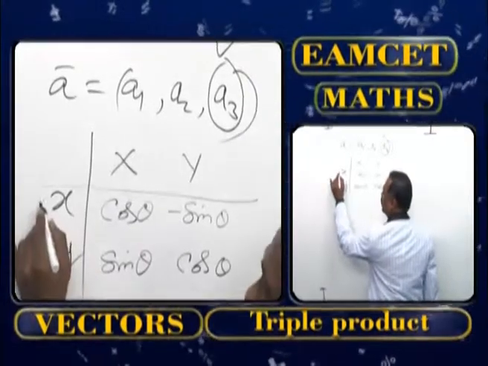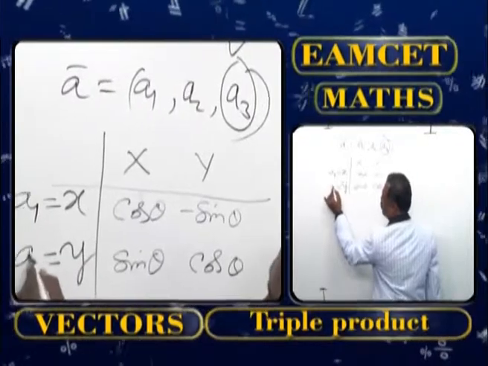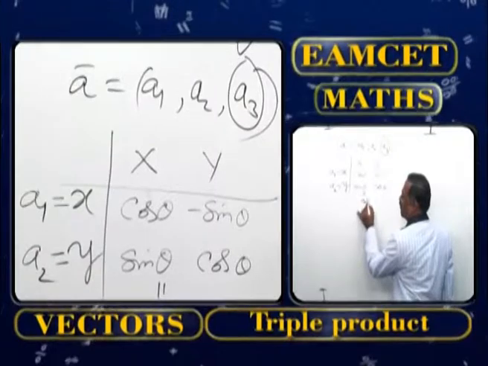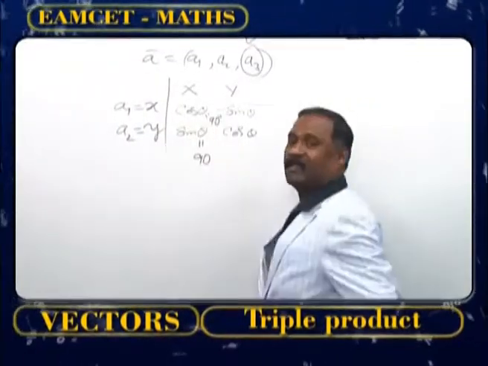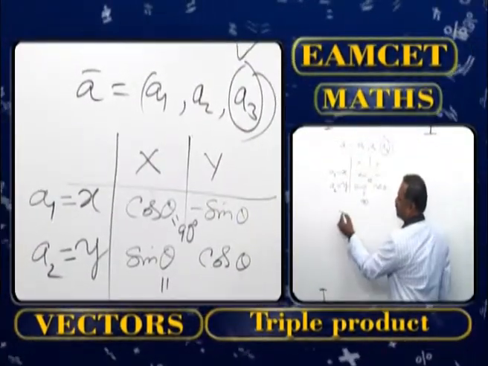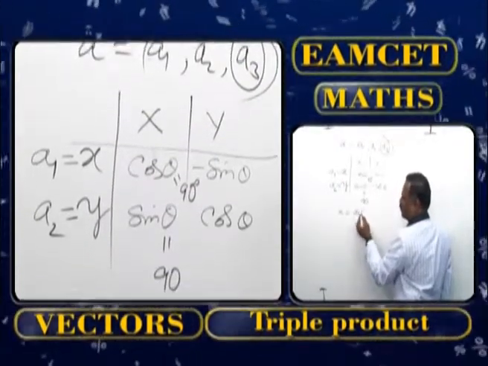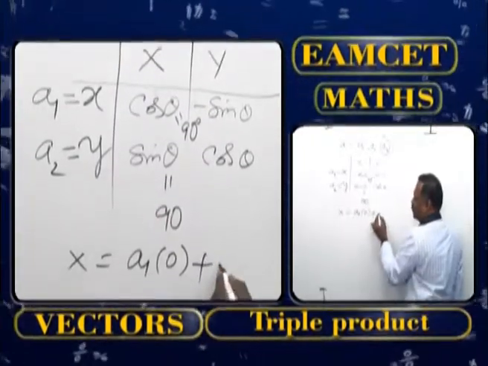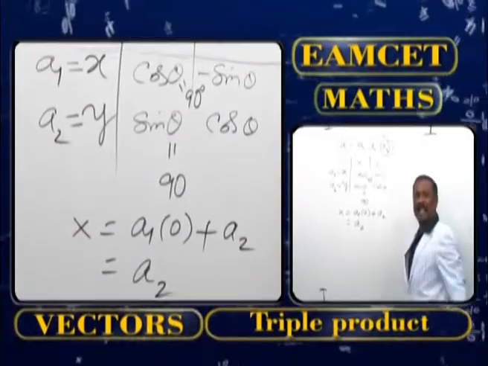This is the original coordinate A1, and this is the original coordinate A2. Here theta is 90 degrees. Substituting this, we need the new coordinates. Capital X is equal to x cos 90 plus y sin 90, that is A1 into 0 plus A2, so the new x coordinate is A2.